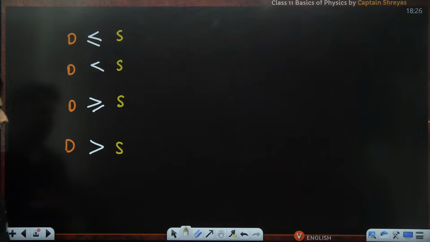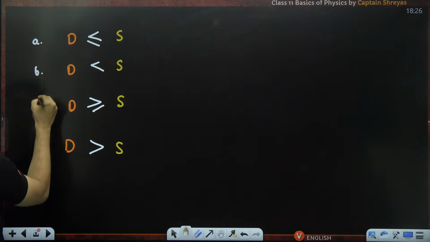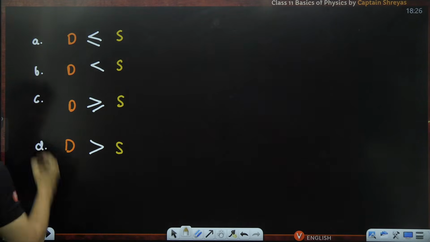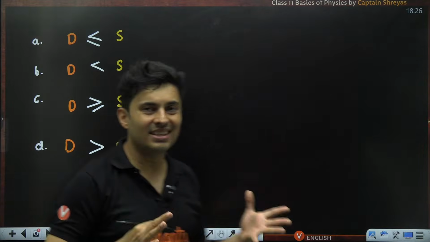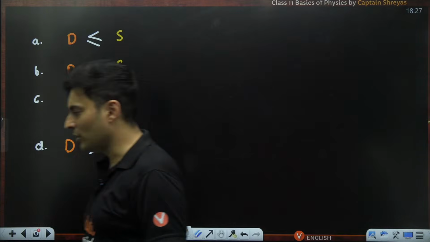One of them is correct. This is option A, this is option B, this is option C, this is option D. With regards to distance and displacement, come on, think carefully and answer in the chat box.